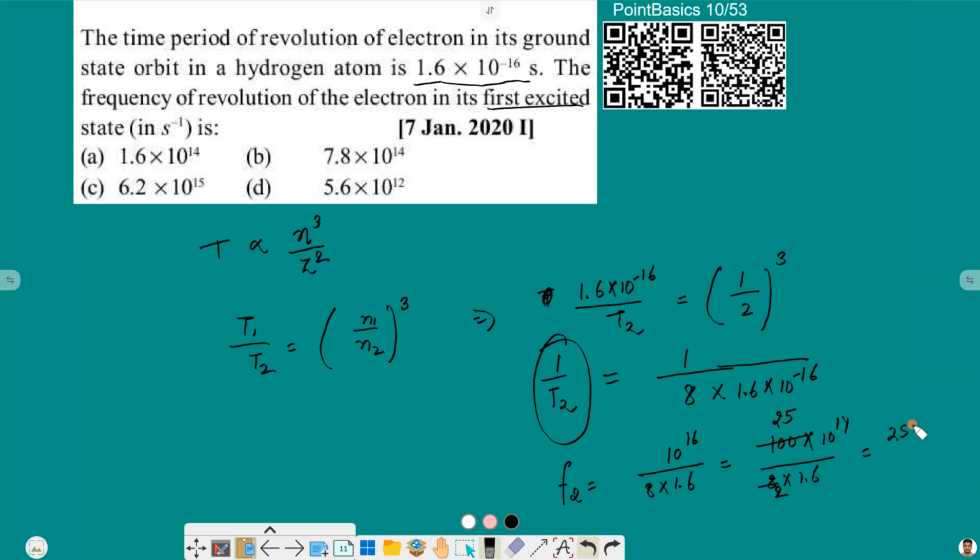So 25 by 3.2 into 10 to the power 14, and if I approximate it, let us write it like 24 divided by 3 into 10 to the power 14. I'm approximating it. So that will be 8 into 10 to the power 14, and that is option B for us. So option B is the right answer. Now let us move ahead.